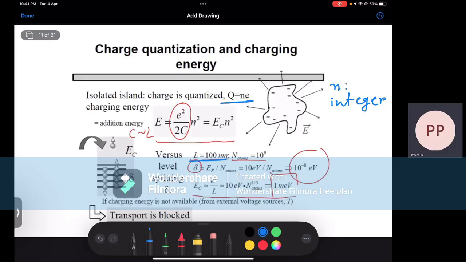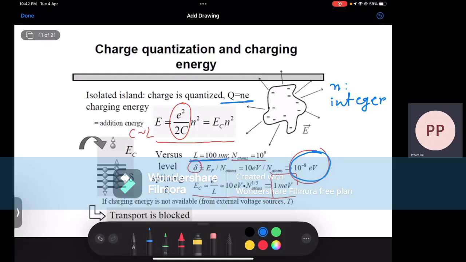In a metal, where each atom contributes an electron, there are 10 to the 9 electrons in this volume of 100 nanometers, and then the charging energy of 10 to the minus 8 electron volt is actually fairly small, right? Because the capacitance is very large in this case.